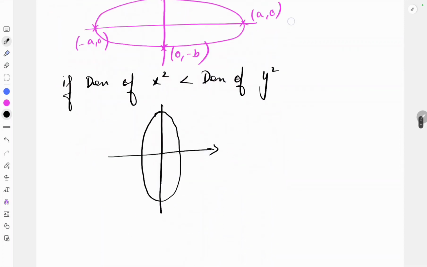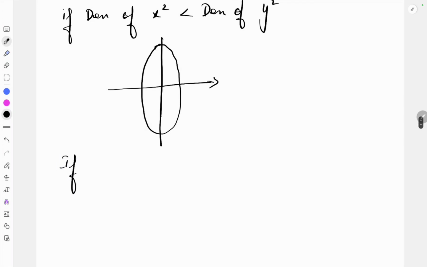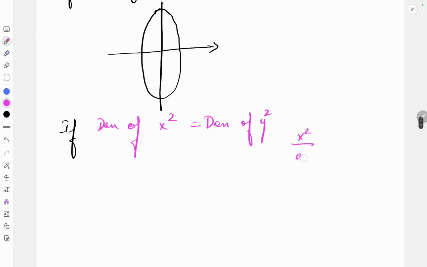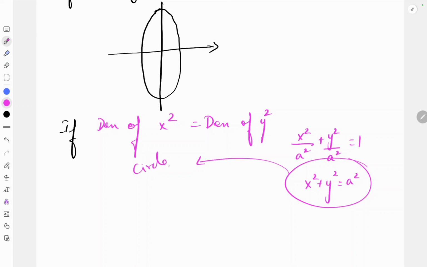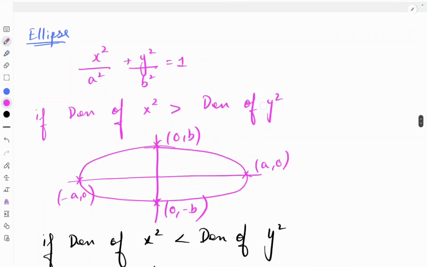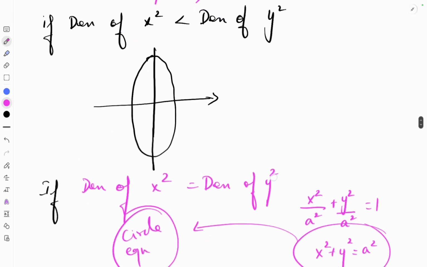So next thing here is, if denominator of x square equal to denominator of y square, which means x square by a square plus y square by a square equal to 1, which means x square plus y square equal to a square, which means this is circle equation. So if denominator of x square and y square is the same, then it is circle equation. Circle is a special type of ellipse. Okay, fine.